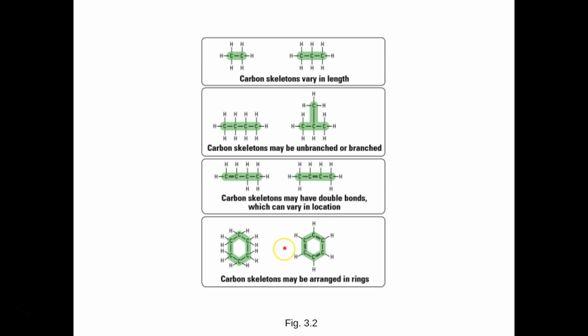You can also form a carbon skeleton with rings. So you get this nice ring here, and like in the case of this benzene, you can have double bonds in these rings as well. And a carbon skeleton that's formed into a ring is going to have different properties than one of these linear or branched carbon skeletons, or even one of these ring skeletons with a double bond.